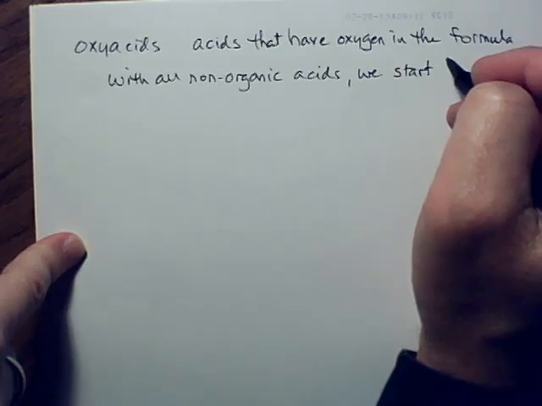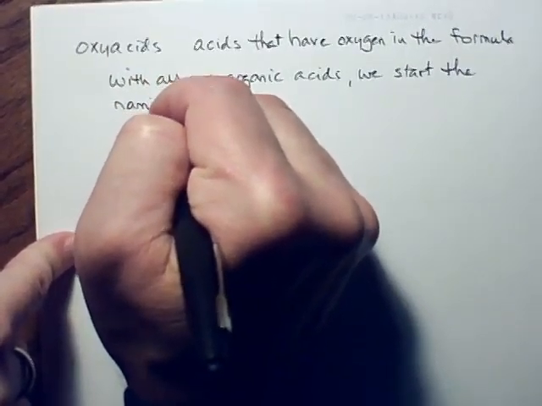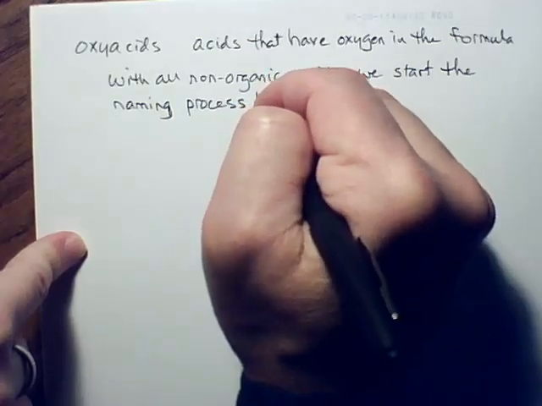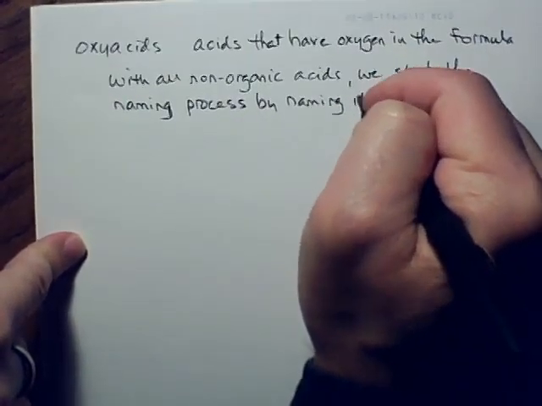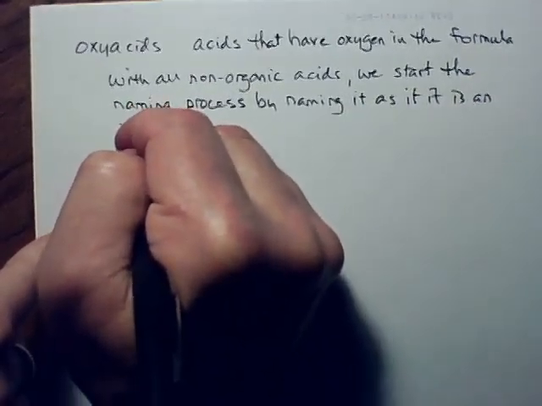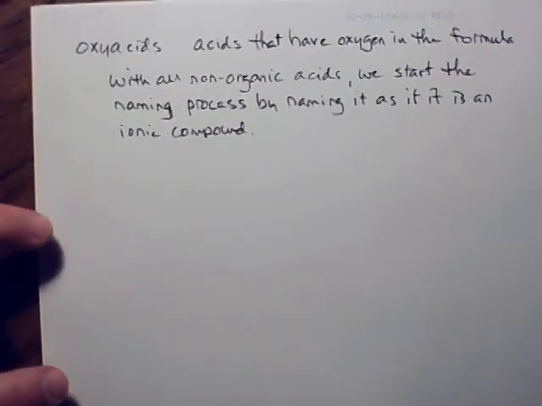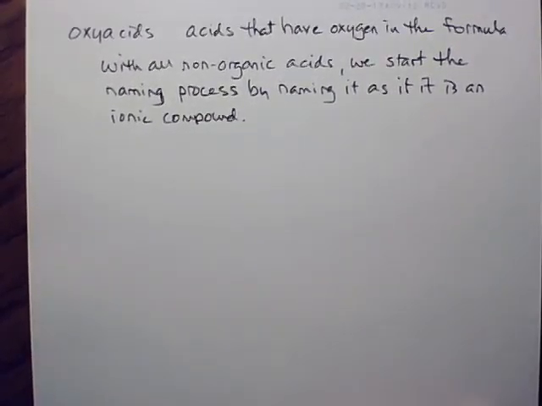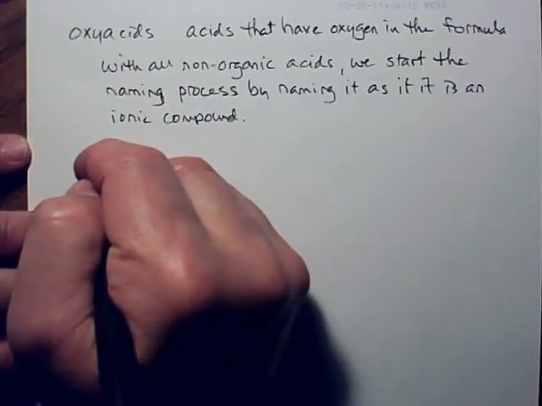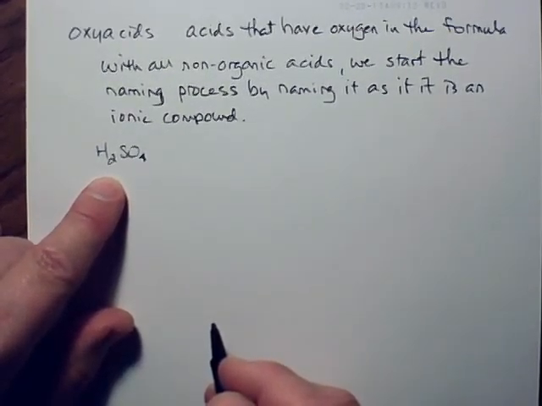With all non-organic acids, we start the naming process by naming it as if it is an ionic compound. Okay? So we're going to start by naming this like an ionic compound.